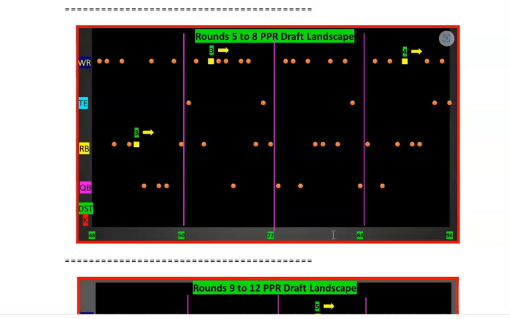Rounds 5 to 8. So right now, first thing that I see when I look at this, look at the WR3s are starting and WR4s are starting by the end of the 8th round. So people are starting to get wide receiver heavy in these blocks here. Look at the RB3s. They're not really picking those up too much.